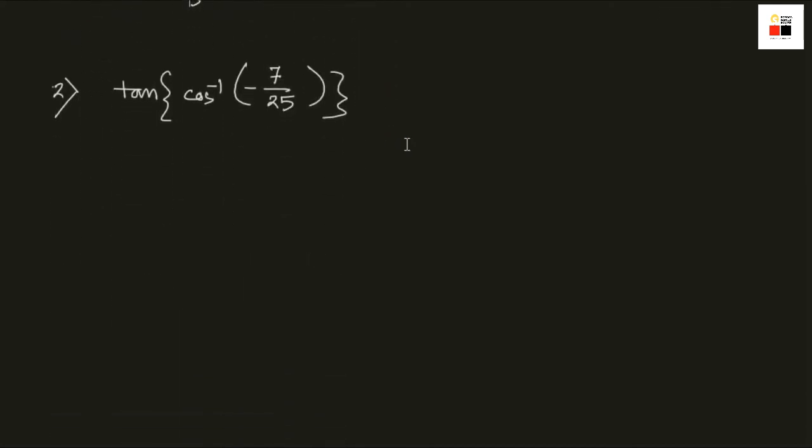Next problem is tan of cos inverse minus 7 by 25. This is equals to tan pi minus cos inverse 7 by 25. This is equals to minus tan cos inverse 7 by 25.